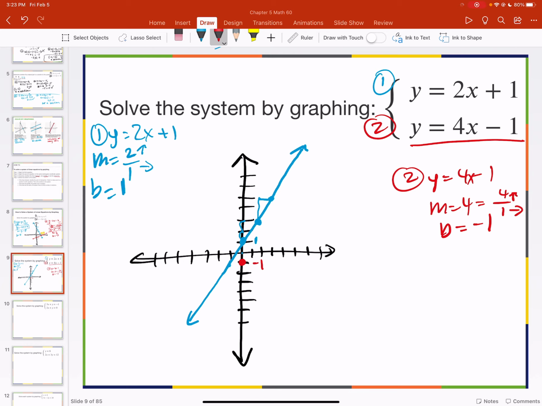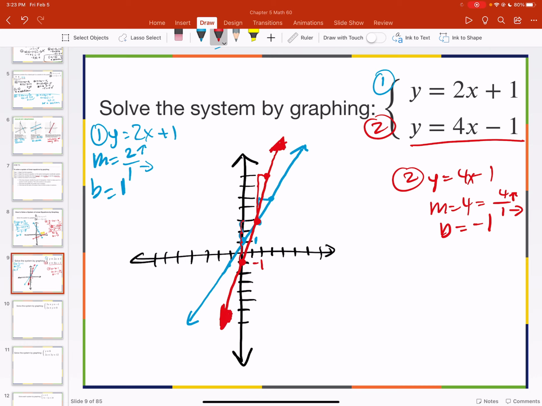So from here, I go 1, 2, 3, 4, and then to the right 1. So that's right here. Then again, 1, 2, 3, 4, and then to the right 1. So that's like right here. So you have a line that kind of goes through here. Sorry, that's not the best drawing. Okay, there you go.